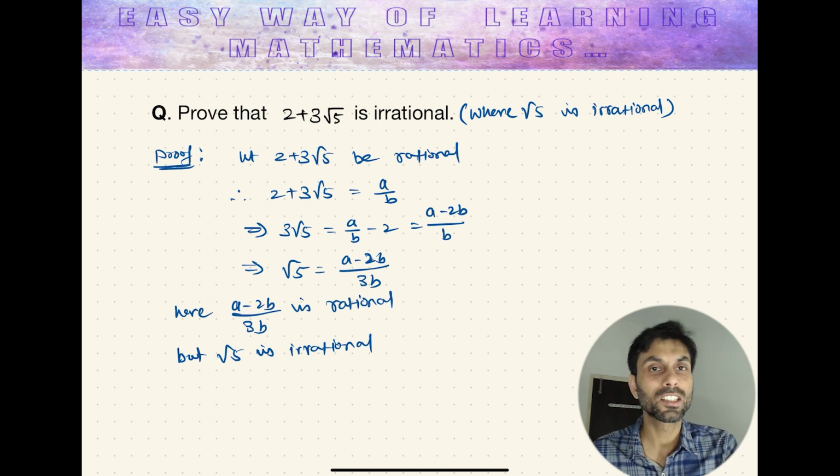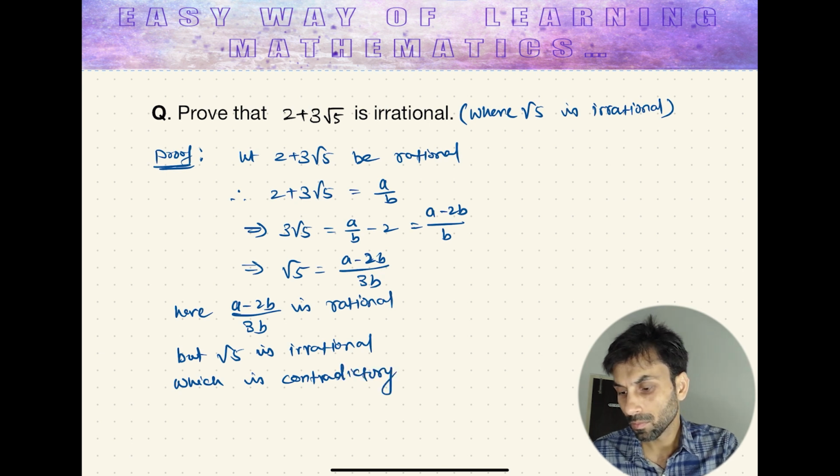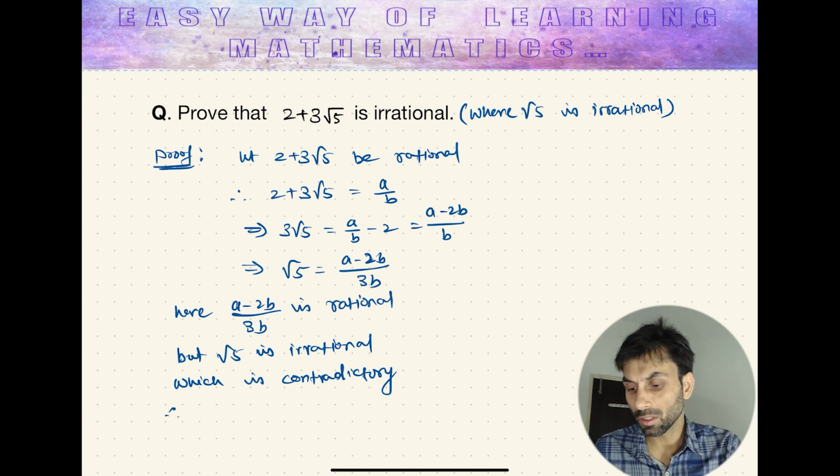irrational. Now again it is contradictory because our LHS and RHS are not equal. So we can write, which is contradictory. So this contradiction has happened. Why? Because of our wrong assumption.